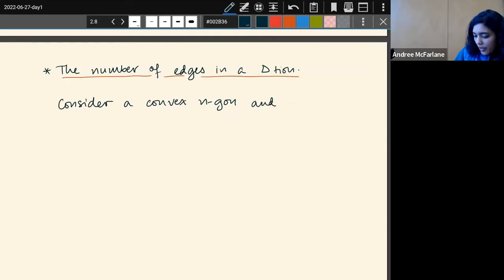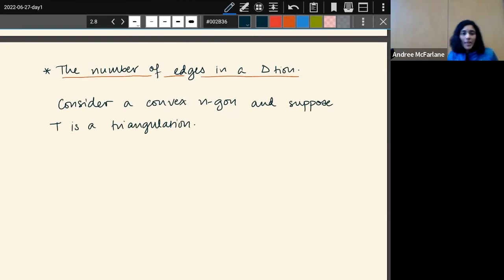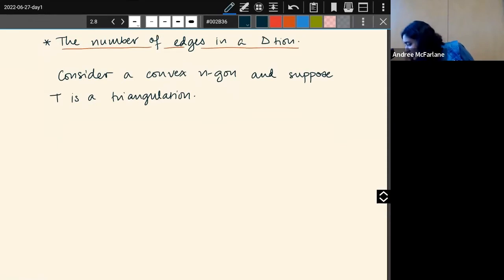And suppose we have a triangulation. Now let's count how many edges might be in such a thing. Does anyone know already how to do this? I'm sure there are many ways to do it. Okay, so I'll do one. So here's once again my pentagon.